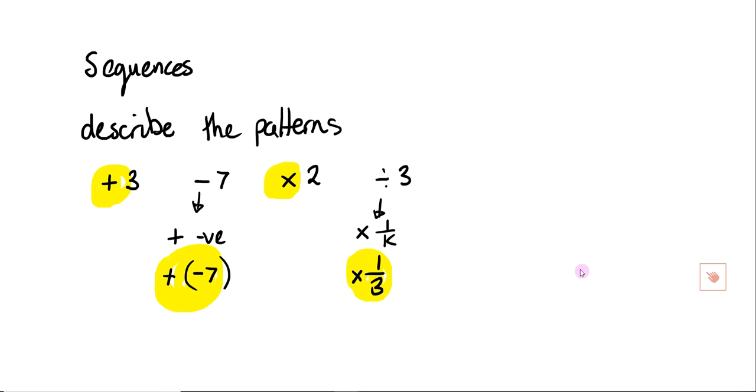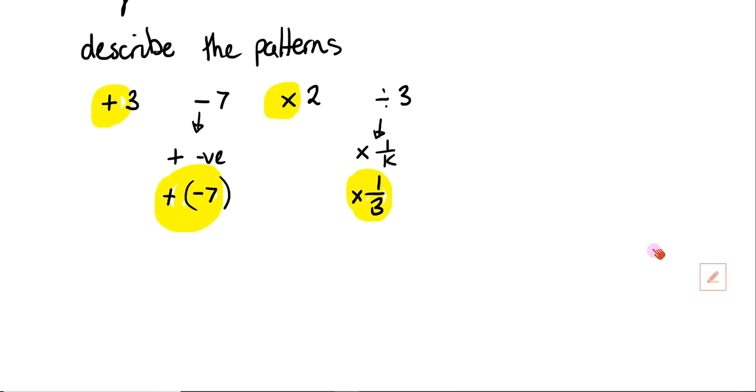Now, if our pattern is formed by adding a constant amount, whether it be a positive or a negative, what kind of sequence is created? Do you remember the name? It's an arithmetic.